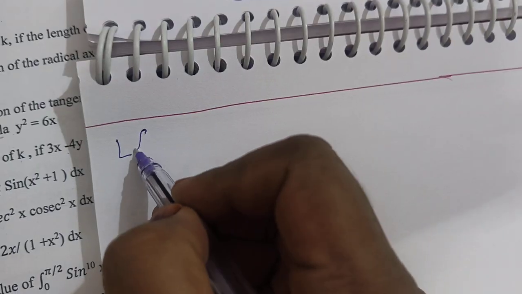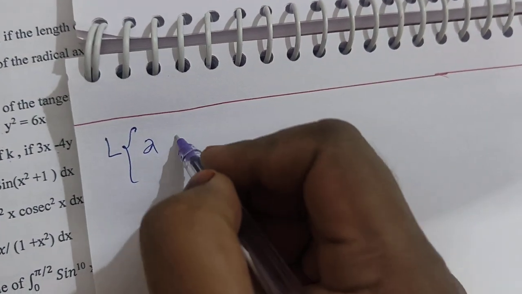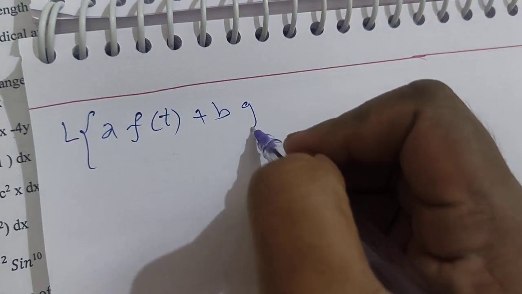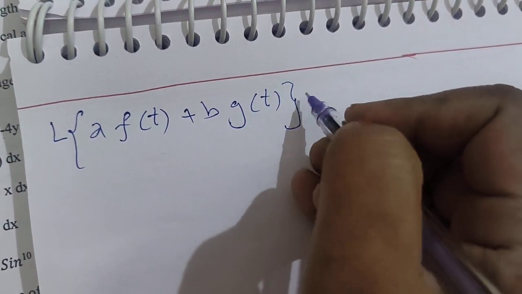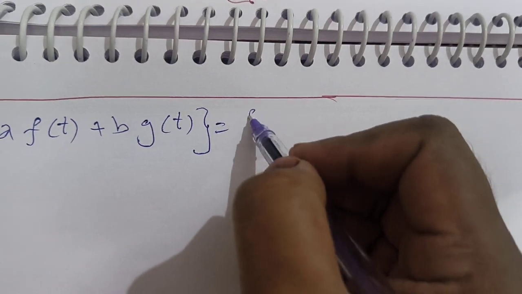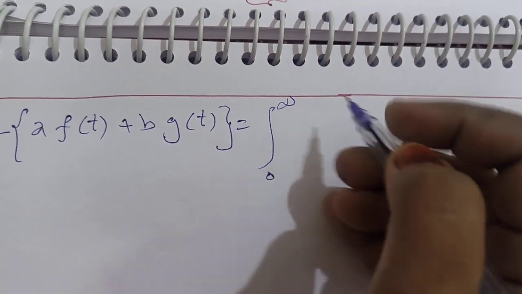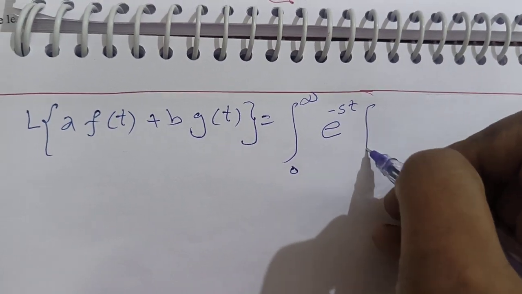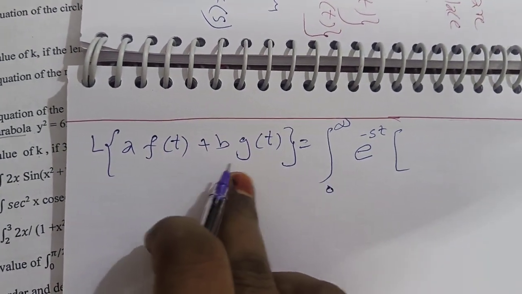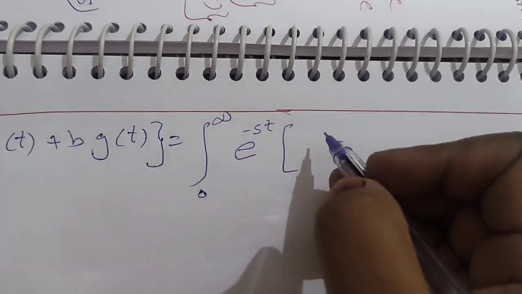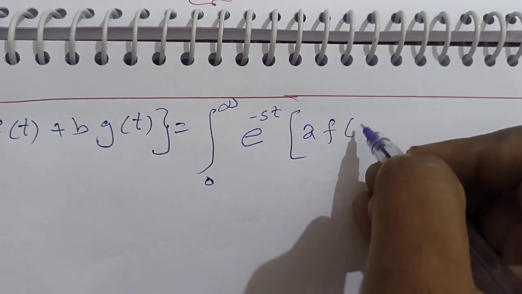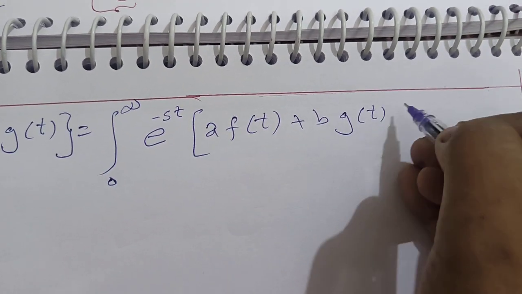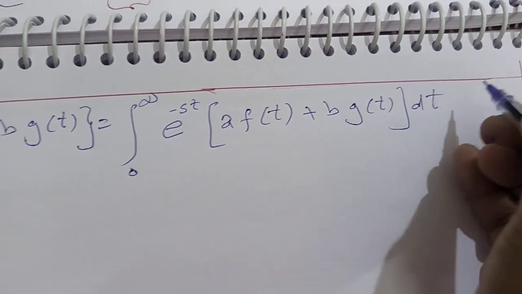So this becomes L of a into f of t plus b into g of t is equal to integral 0 to infinity e to the power of minus st. In place of f of t, again we have to substitute this function a into f of t plus b into g of t into dt.